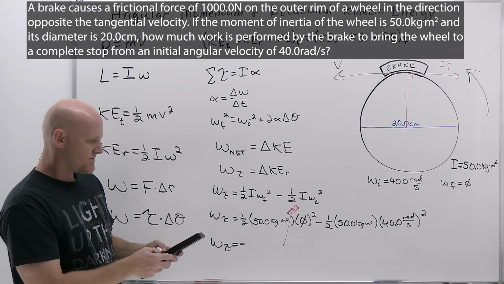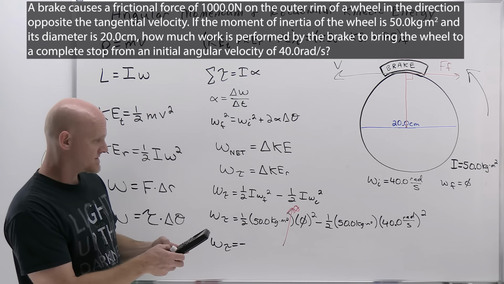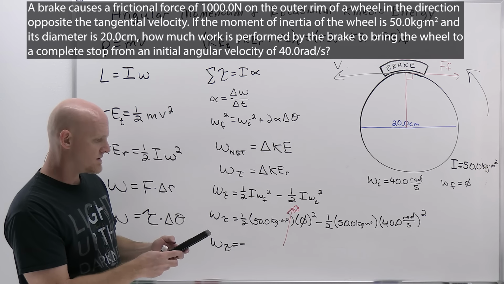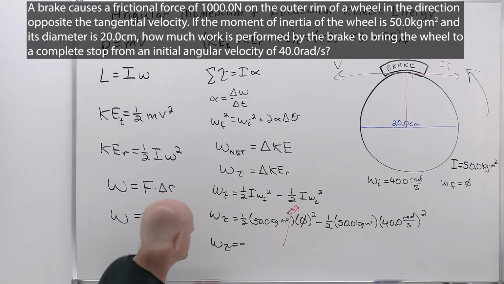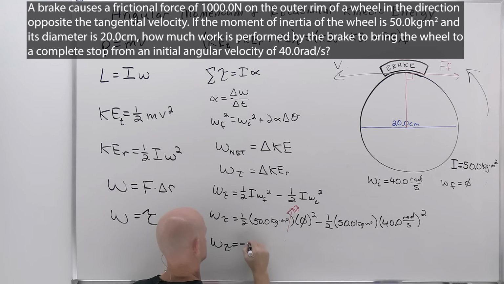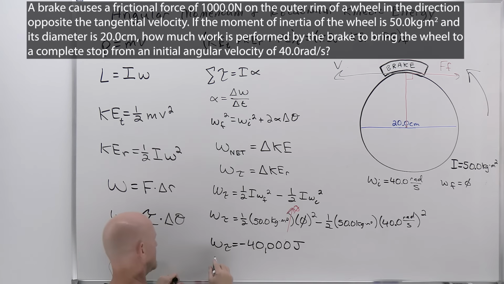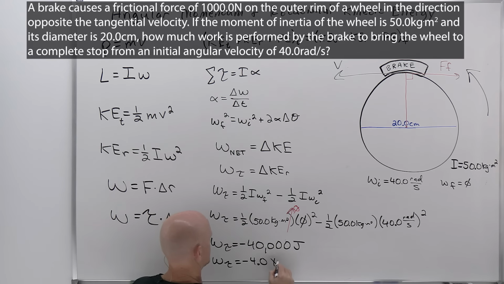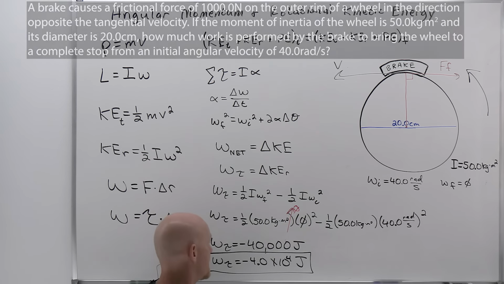In this case, 0.5 times 50 times 40 squared is 40,000. That's in joules, as work should be. To get 2 sig figs here, my preference is simply to write this in scientific notation. So negative 4.0 times 10 to the 4th joules. You could technically write that in kilojoules, or look for that in kilojoules if it were a multiple choice question.